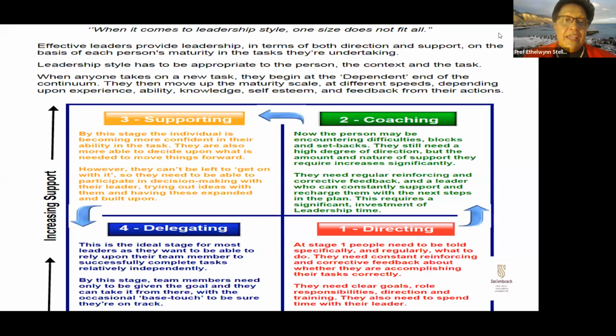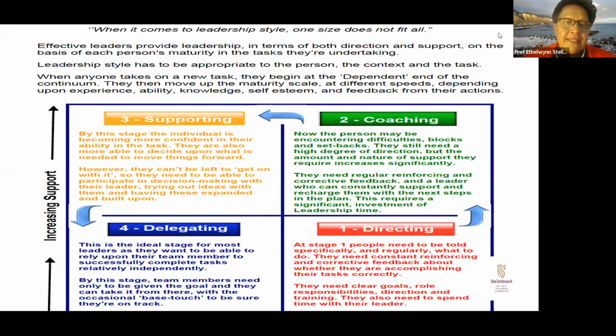That's important. Effective leaders provide leadership in terms of both direction and support on the basis of each person's maturity in the task they're undertaking. Leadership style has to be appropriate to the person, the context, and the task.